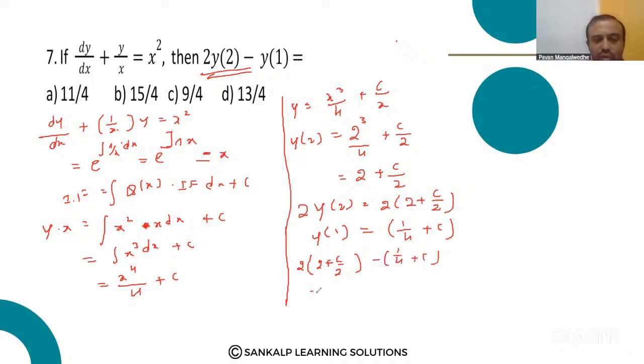So this is 4 plus c minus 1 by 4 minus c.